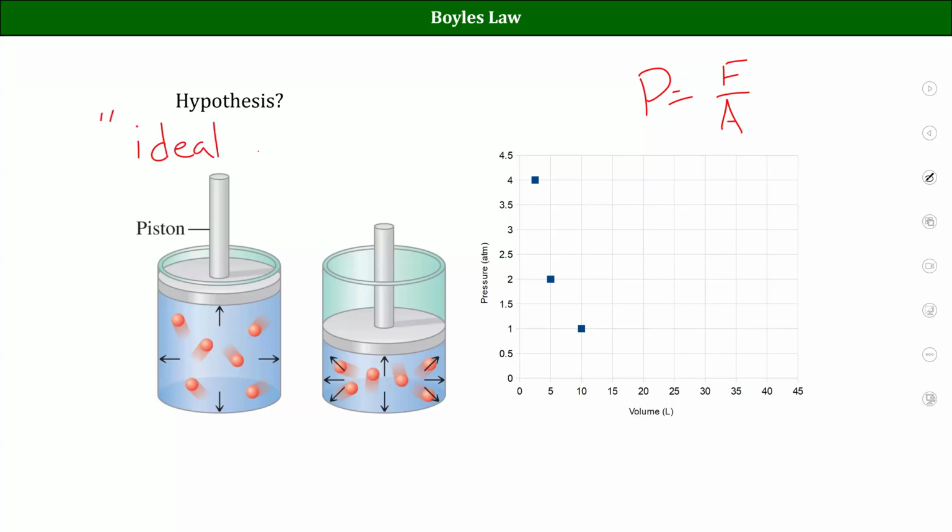In an ideal gas, we have 2 assumptions. One of which is that it won't go through a phase change. Or more specifically, we're assuming no intermolecular interactions.